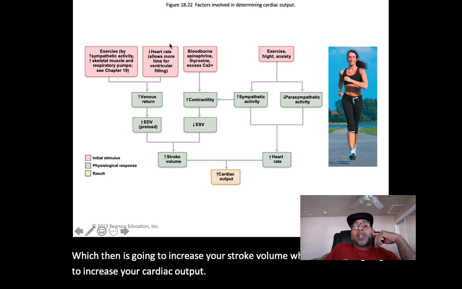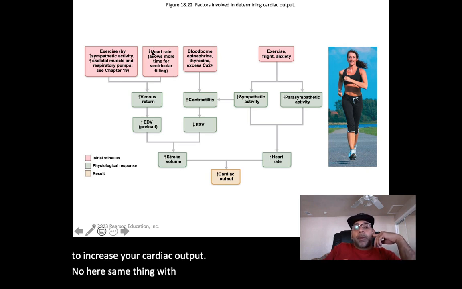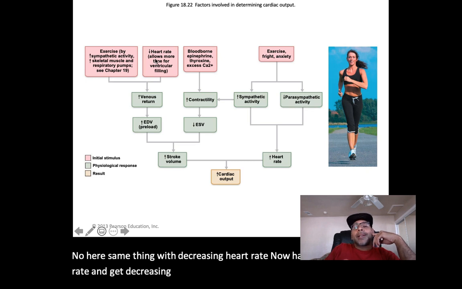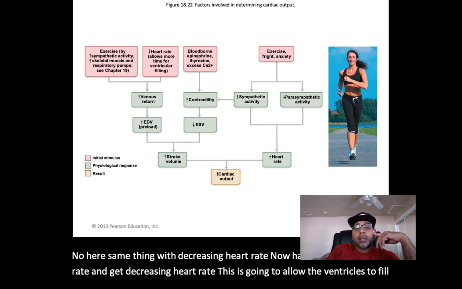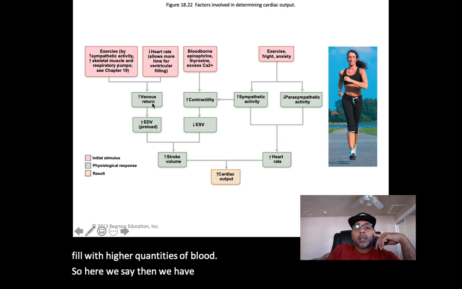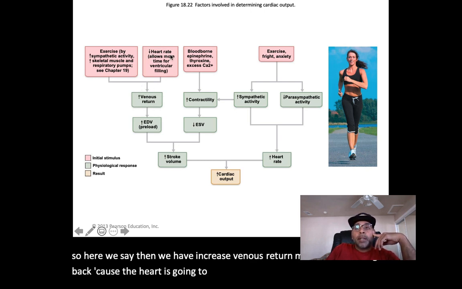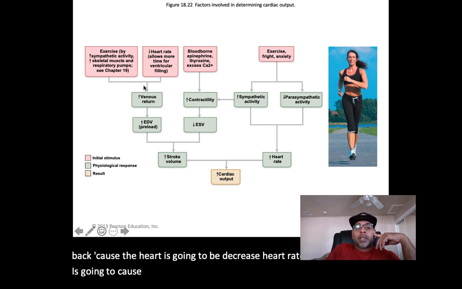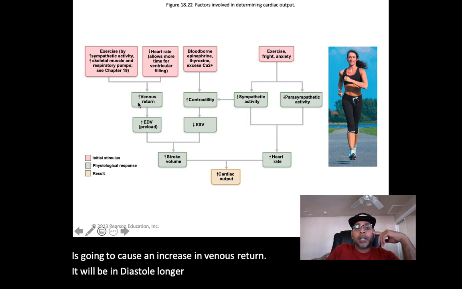Now, here's the same thing with decreasing heart rate. If we were to decrease heart rate, this is going to allow the ventricles to fill with higher quantities of blood. So here we have increased venous return, more blood coming back, because decreased heart rate is going to cause an increase in venous return. It'll be in diastole longer, right? That's the phase of filling.